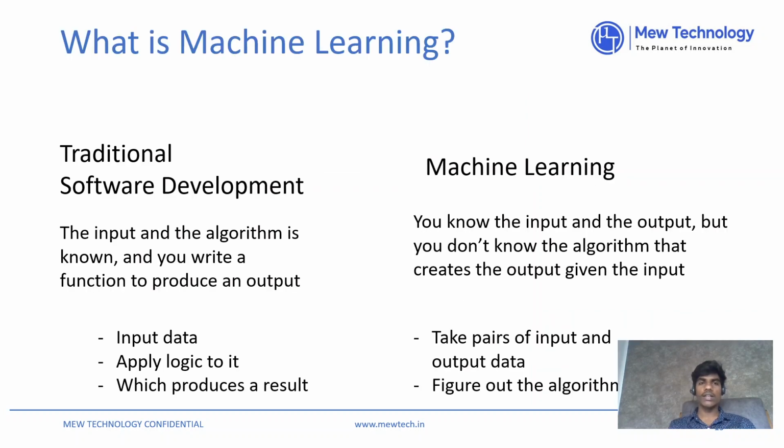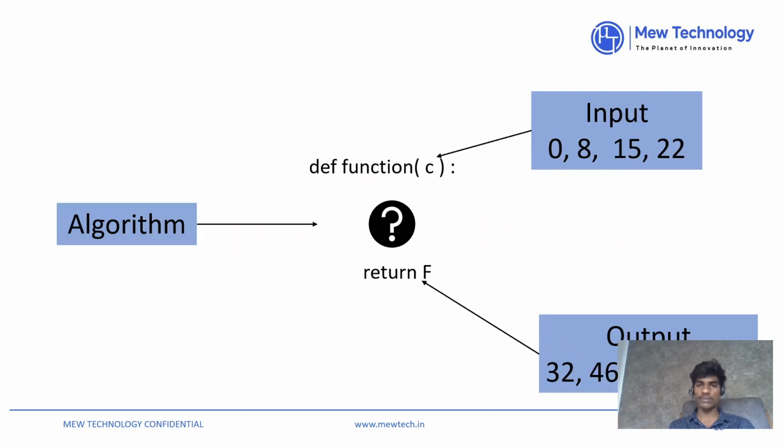On the other hand, I have machine learning. Here I don't know the algorithm, but I have inputs, I have outputs. I have pairs of inputs and outputs, but I don't know the algorithm. I give the input and output to the machine. The machine will find out the rules. In traditional programming we find out the rules or logic, but in machine learning the machine finds out the rules and the logic. How does it happen?